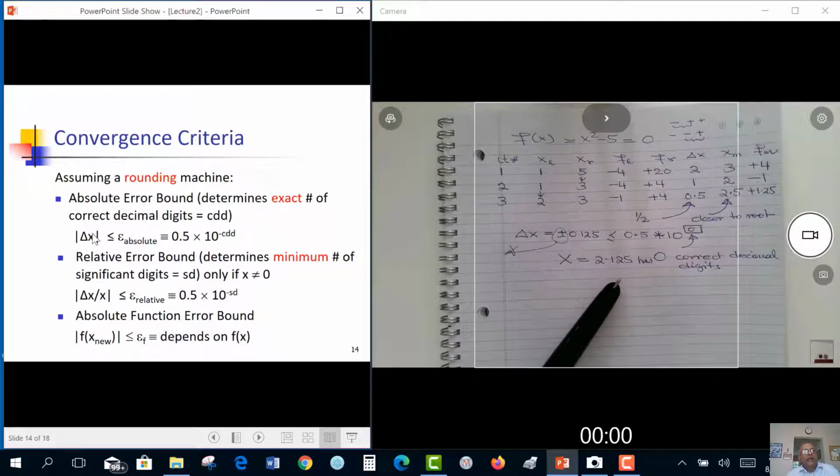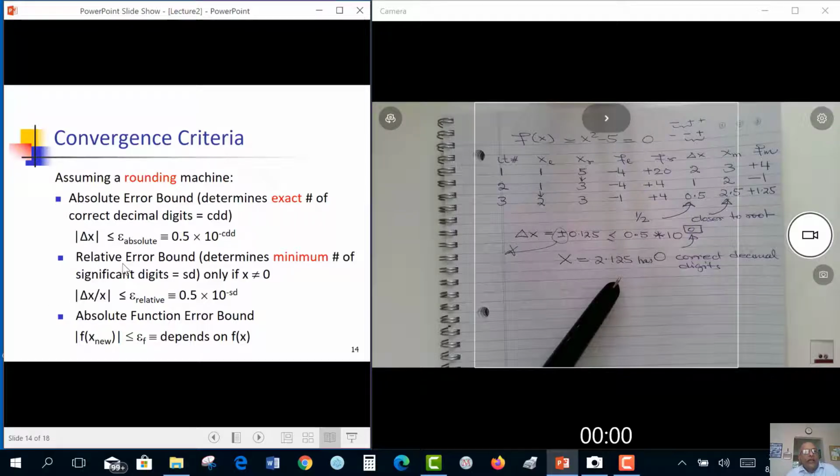So if we find that our absolute uncertainty is less than some epsilon absolute, and how do we choose this? We specify it based on how many CDD we desire. So if we desire, say, 10 CDDs, we will choose 0.5 times 10 to the minus 10.